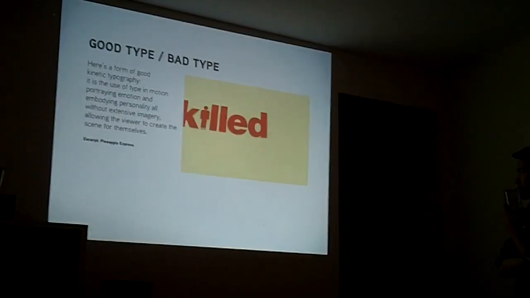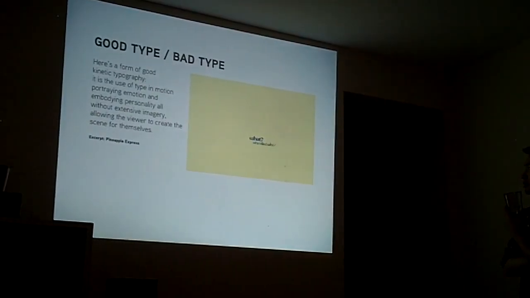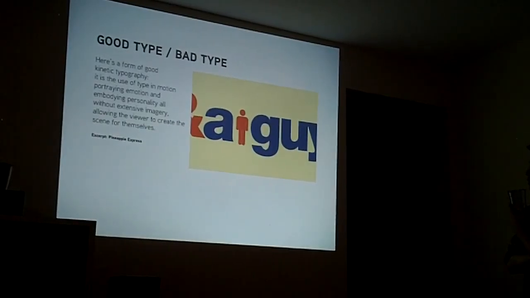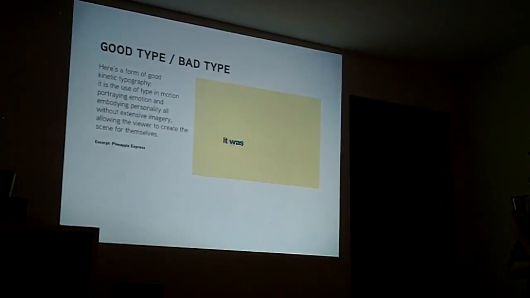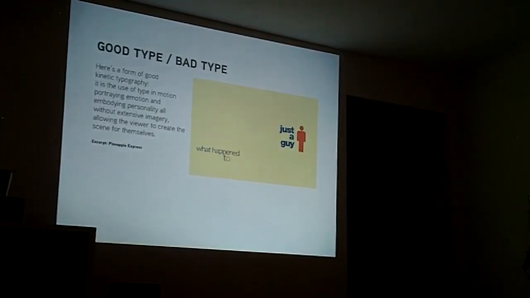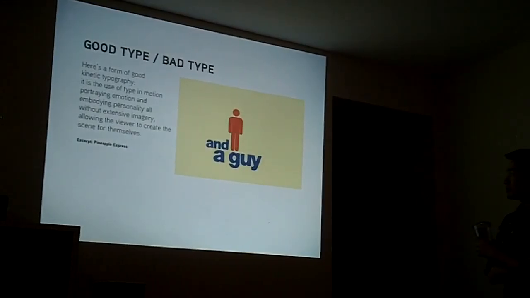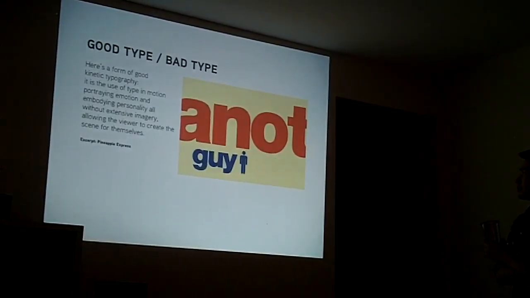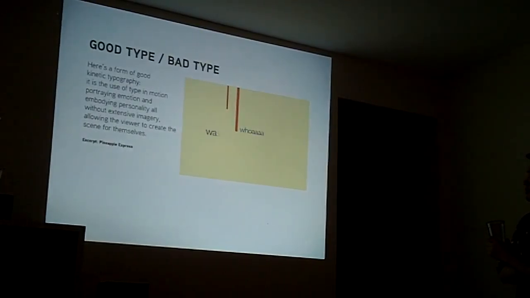No, man. He killed him, man! That gamer, he killed him! What? Who killed him? A cop! A lady and a guy! A cop, a lady, and a guy, man, that's like a mess. You saw it? No, it was just a guy! What happened to the lady? No! A woman! A policewoman! And a guy! Another guy shot another guy, an Asian guy, in the window at Ted's house! Was the other guy Ted?